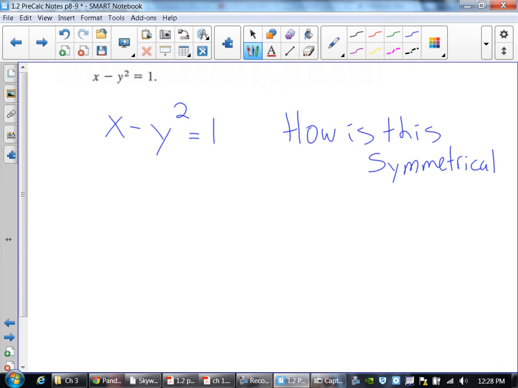So if I want to check to see if that's symmetrical, what I'm going to do is do these tests for symmetry. It's nothing more than going through the equations themselves and just switching values to see what works. Since I have a squared term here, and it's a negative squared term, I'm just going to move it to the other side, and have an equivalent statement. So I get x minus 1 equals y squared. Is that okay? Yes. When I do that, I'm not changing anything. I'm just going to be less likely to screw something up with this sign. That's all.